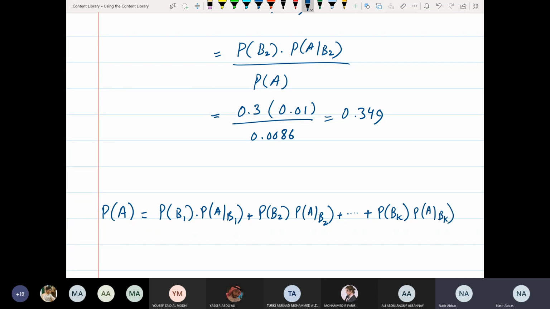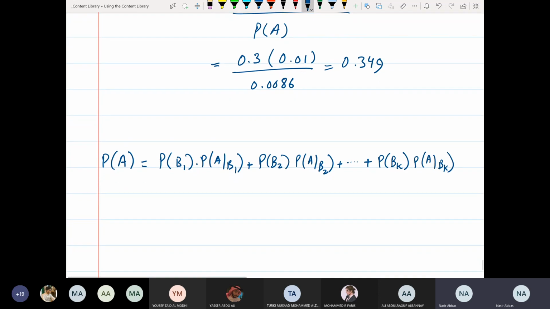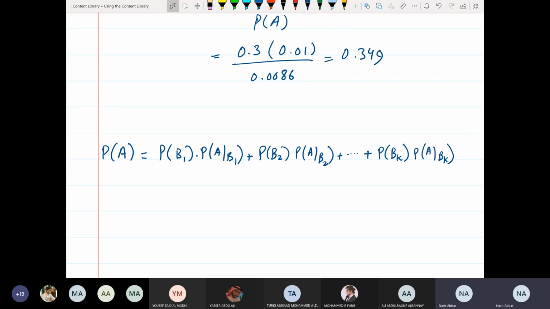This is the general format where I have K partitions of my sample space. These K partitions can be 2, 3, 4, 5, 10, any number of partitions. So in a compact form, I can write it as summation I equals 1 to K probability of BI into probability of A given BI.